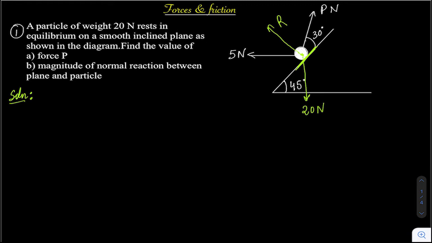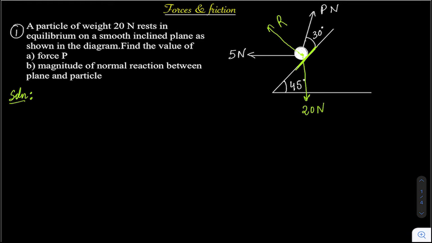As you can see, this is the surface on which the particle is resting. So I will resolve the forces parallel to this surface and perpendicular to this surface. Parallel to this, the sum of forces will be zero. Perpendicular to this, the sum of net forces will be zero. So that is the logic that we are using.